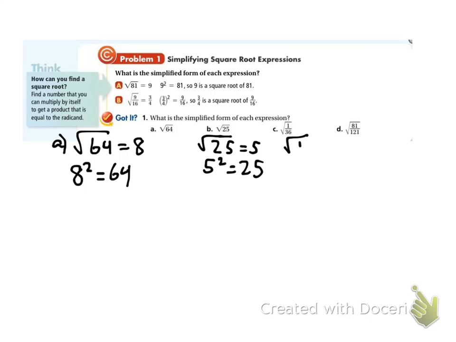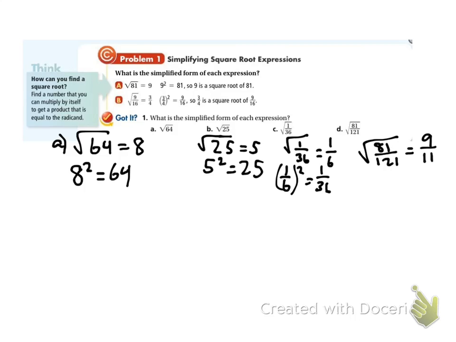The square root of 1/36 is equal to 1/6. 1/6 squared is equal to 1/36. And finally, the square root of 81/121 is equal to 9/11. 9/11 squared is equal to 81/121.